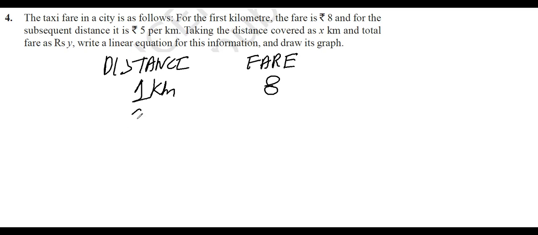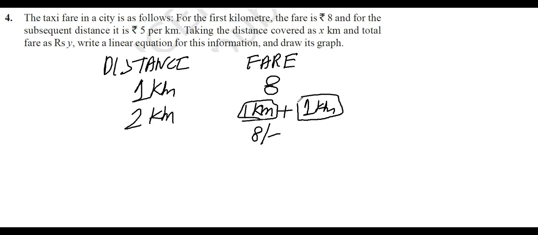It means now if he is traveling 2 kilometers, 1 kilometer he will charge as per 8 rupees, and the subsequent kilometer he will charge as per 5 rupees. So what will be the total answer? It will be 8 plus 5 is 13. So 13 rupees will be the fare.